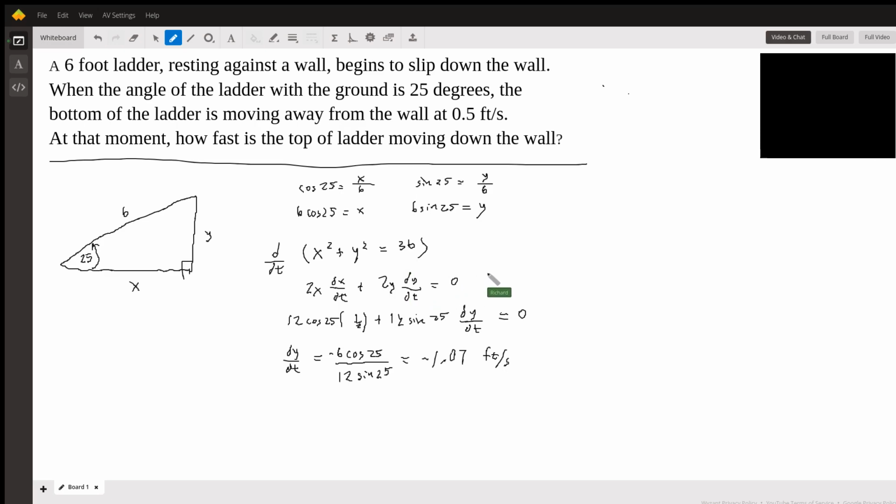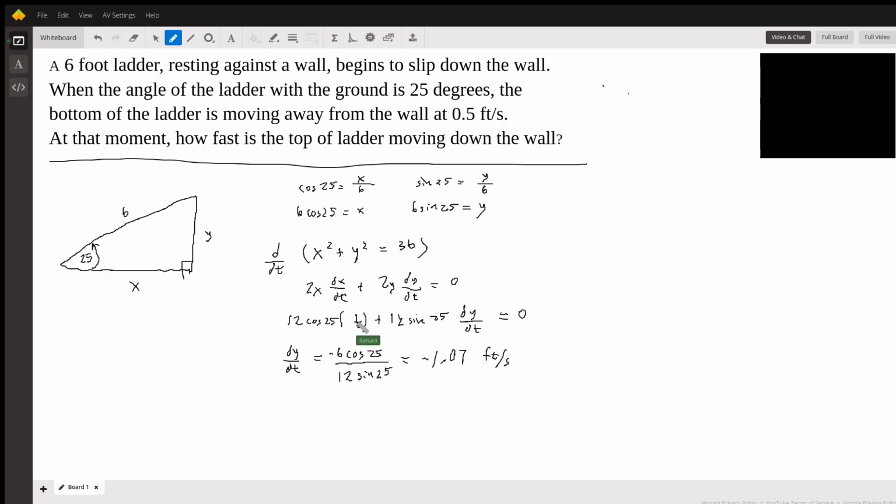And now we're just substituting in here. X we found up here is 6 cosine 25, but it's being multiplied by 2, so it's 12 cosine 25. And we're told in the problem that dx/dt is, in other words, x is becoming larger as the ladder falls, and it's becoming larger at the rate of 0.5 feet per second.